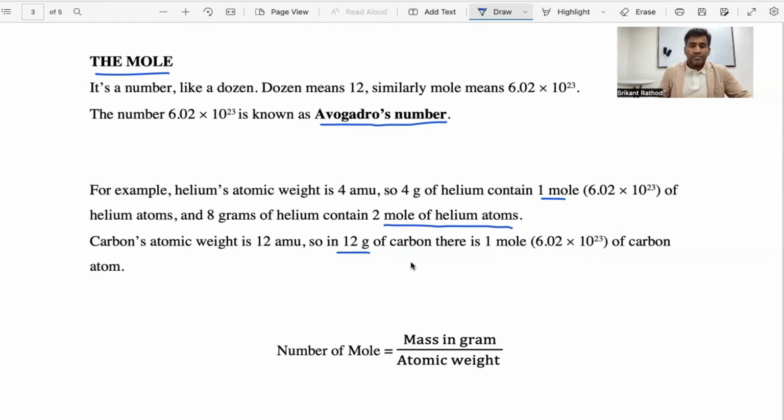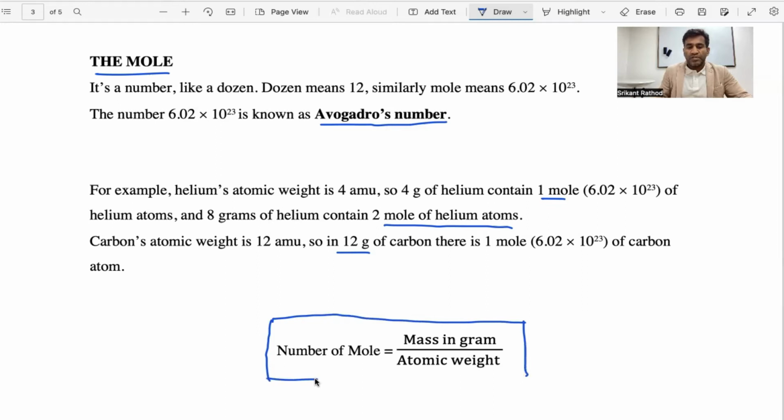All right, when it comes to conversion, how do we do that? You can see here the conversion. Whatever the substance they give, whatever the atomic weight, whatever the mass in grams, and when they ask us to convert that in terms of moles, this is what we're going to follow. The number of moles is equal to mass in grams divided by atomic weight. Just remember this rule while converting mass to a number of moles.